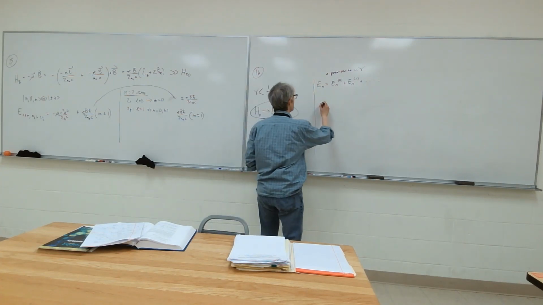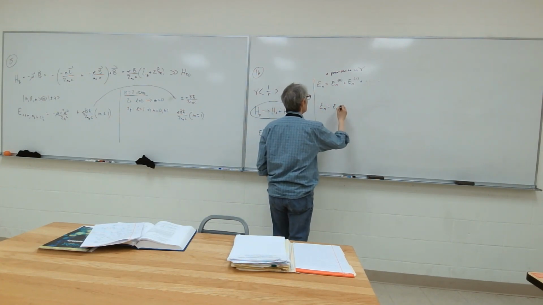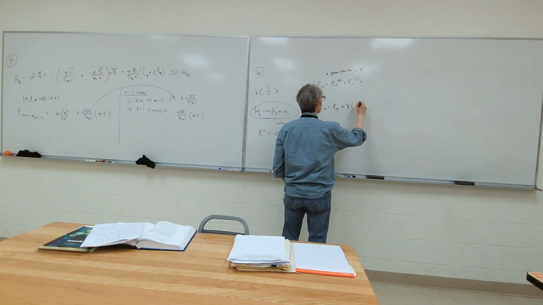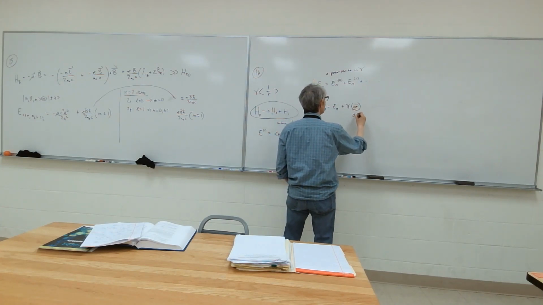So what does that look like? En equals En with no gamma plus gamma times the first order correction. Well, what is this? This is dEn/dgamma.